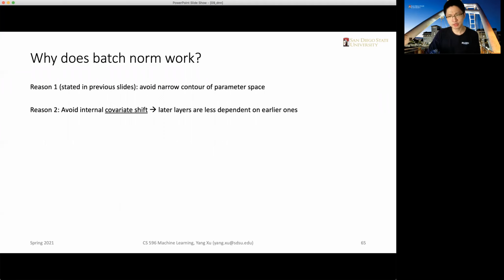The second reason is that we avoid internal covariate shifts, which means the later layers are less dependent on earlier ones. And also it makes the optimization landscape much smoother.